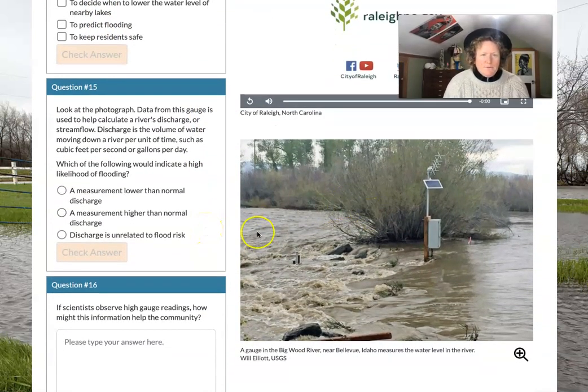So let's look at this photograph. Data from this gauge is used to help calculate a river's discharge or stream flow. Discharge is the volume of water moving down a river per unit of time. Often in the United States, if you're a paddler, you know a lot about cubic feet per second or gallons per day.